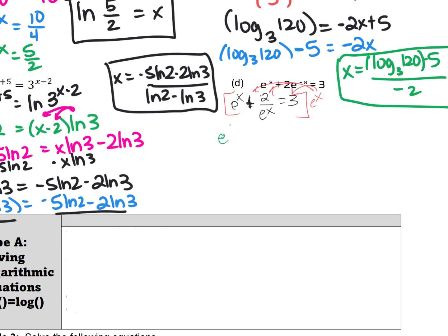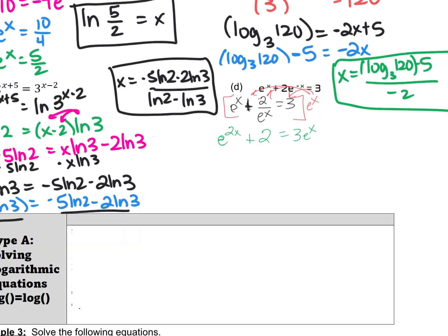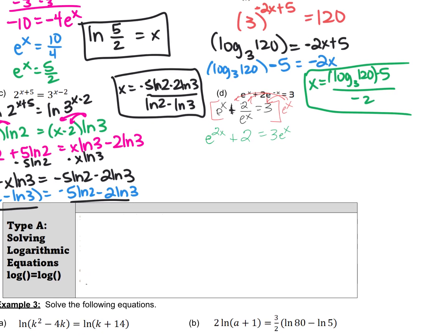Add them. So this is e to the 2x, plus, it's going to cancel out with that middle term, I'll get a 2, and it equals 3e to the x. So I rewrote it with a positive exponent, and then I cleared the denominator.